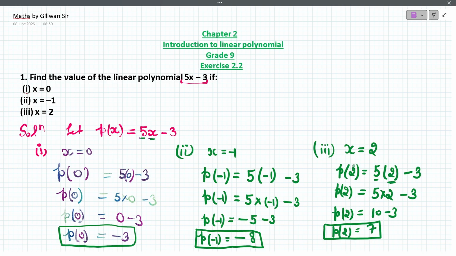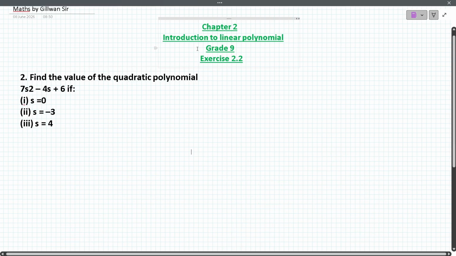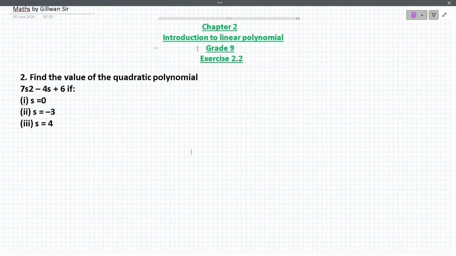Now the second question, again here we have to find the value of the given quadratic polynomial. Here the polynomial is p(s) equals 7s square minus 4s plus 6.